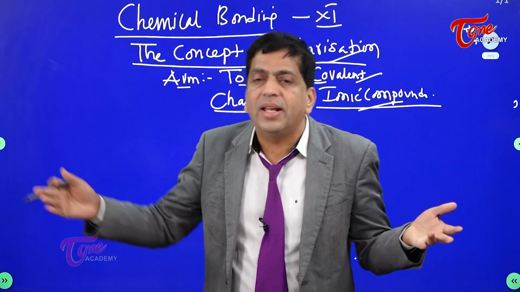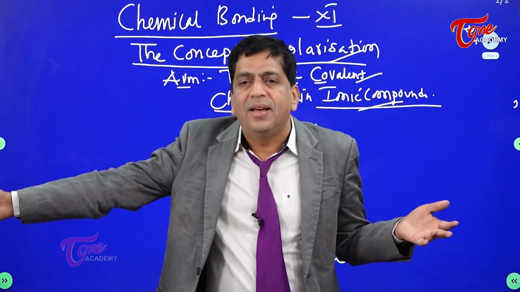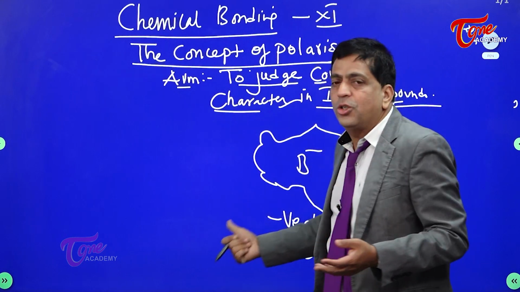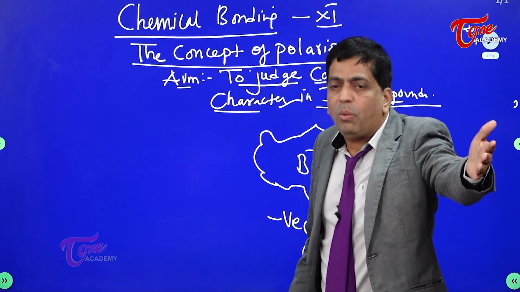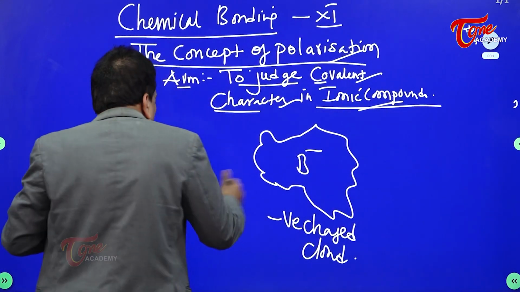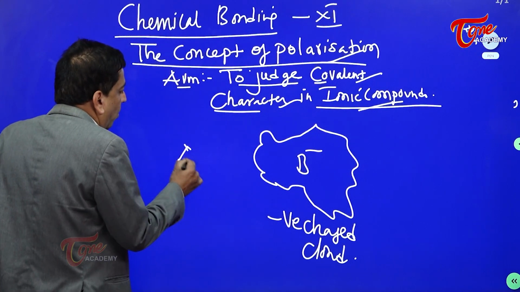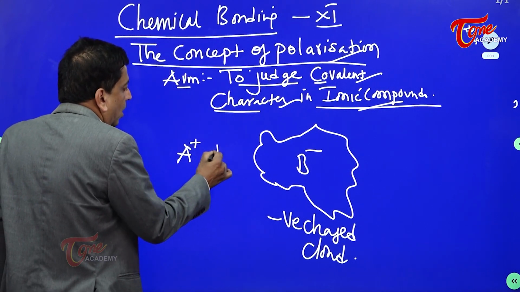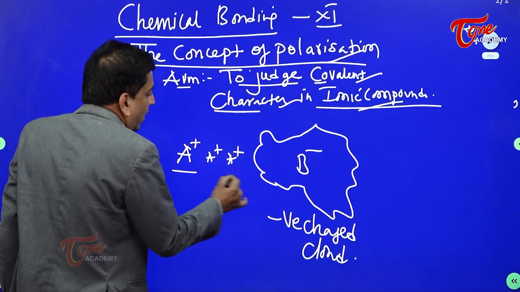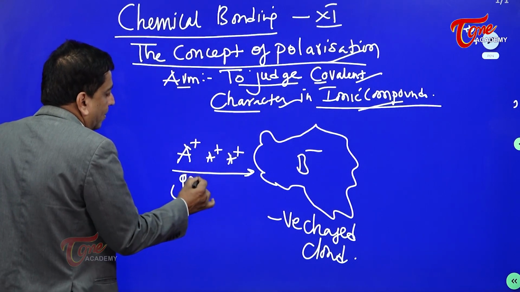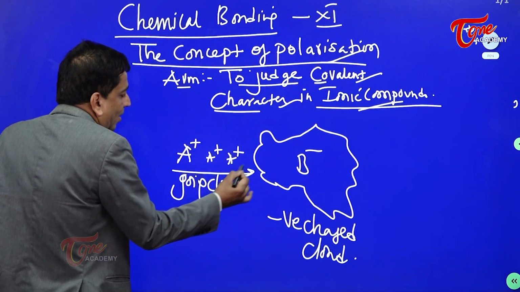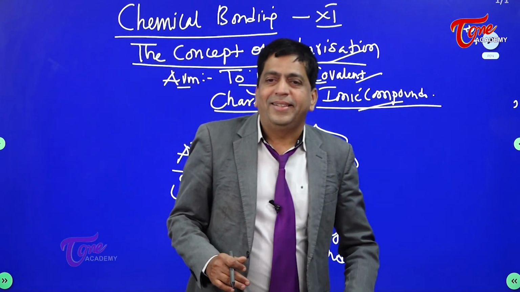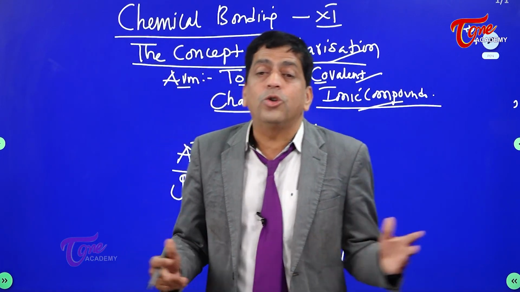If the cation is at some larger distance, then you don't find any shyness in this, because the cation is far away. But if the cation is approaching it, going close, then the negative charge cloud, doing what?